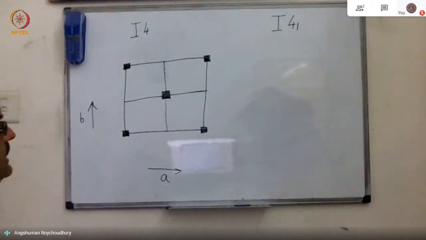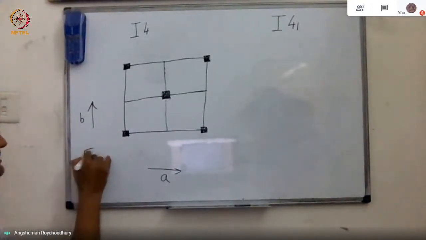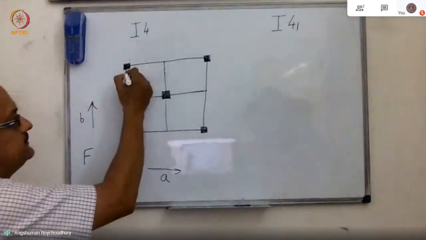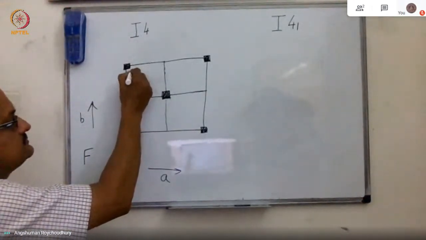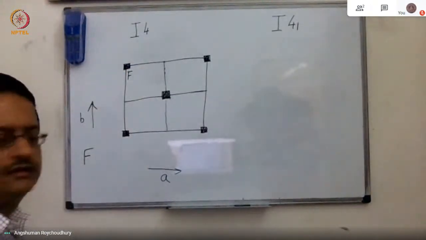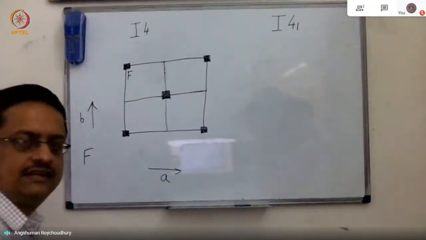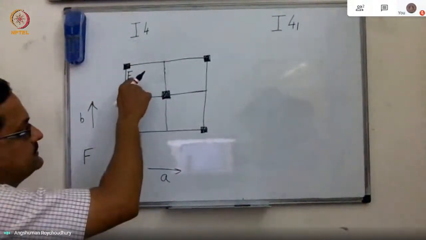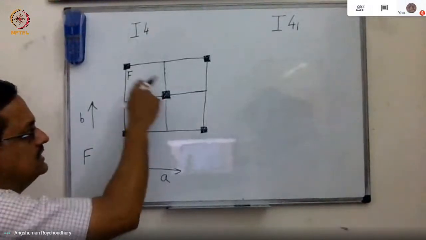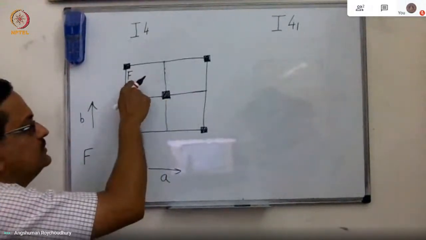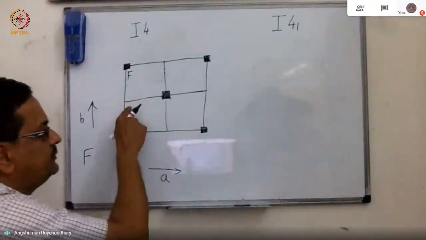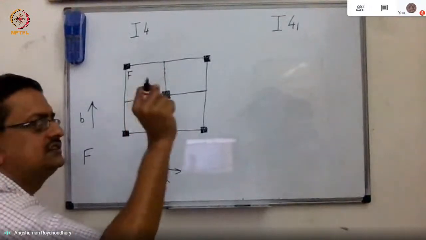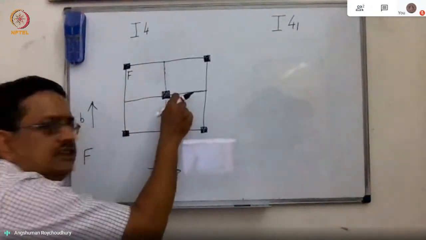Now, my molecule is some letter like F. If I have a molecule F located here, since it is a body-centered lattice, an I lattice, I should have another F in the center: half shifted along B, half shifted along A, and half shifted along C. That means it is somewhere here, which is then projected on the board.